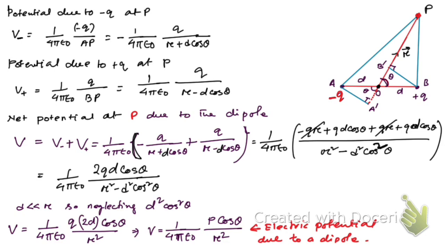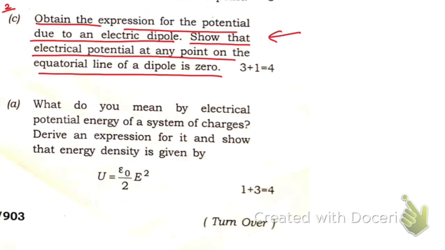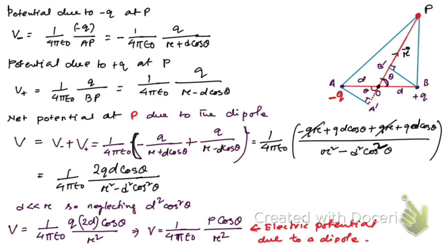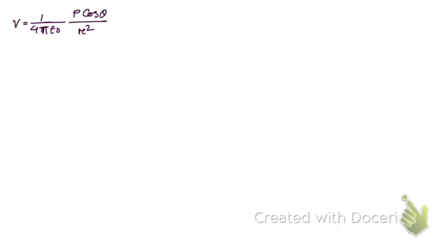There is another part in this question. Let me go to the question again. Here you see, we need to show that the electric potential at any point on the equatorial line is 0. Now you see, this is the potential at P for this diagram, right?